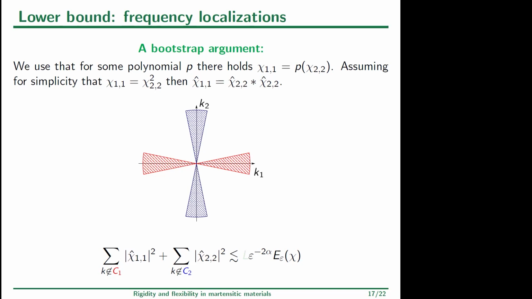For simplicity, I can consider this polynomial to be just the square. And polynomials behave very well with the Fourier transform, because if I have that chi1 is chi2 squared, then I also have a relation between the Fourier transforms, so that the Fourier transform of chi1 is the Fourier transform of chi2 squared, so chi2 hat convolved with itself.